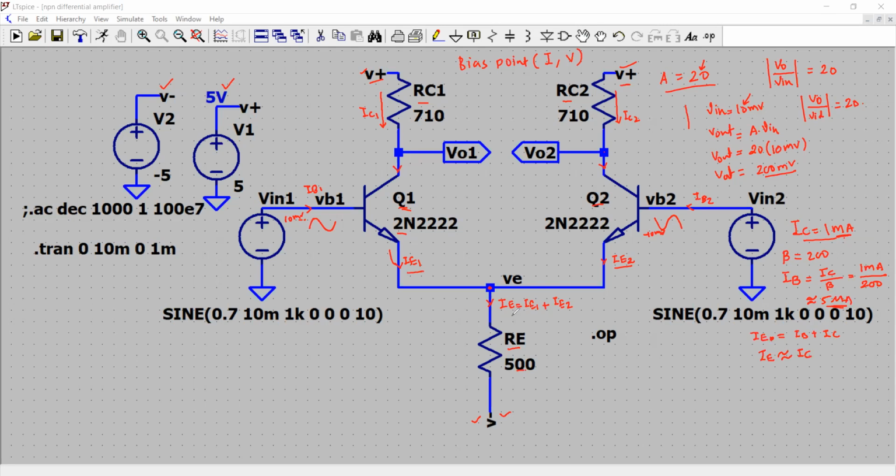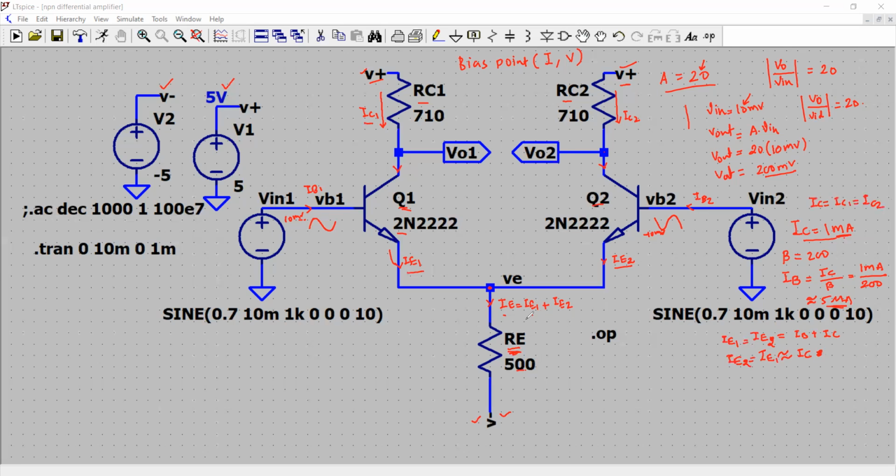Now we know that I1 and I2 are the emitter currents of the two transistors. And here the I is the current flowing through this resistor, which is the sum of these two components, right? So I would say I2 here, and let me call it I1 here, okay? And I1 is approximately equal to I2, which is approximately equal to IC, whatever these currents are, and IC here I would say is equal to IC1 is equal to IC2.